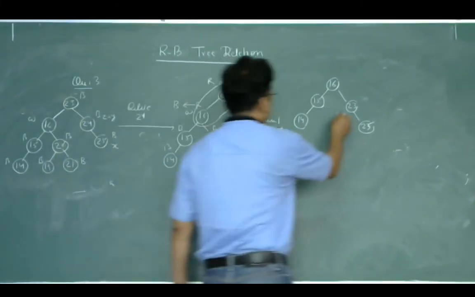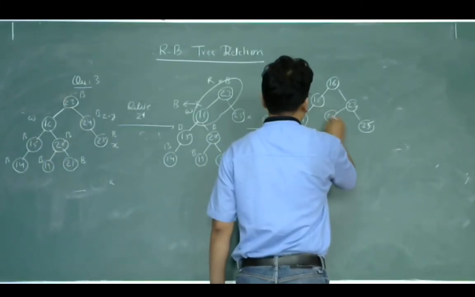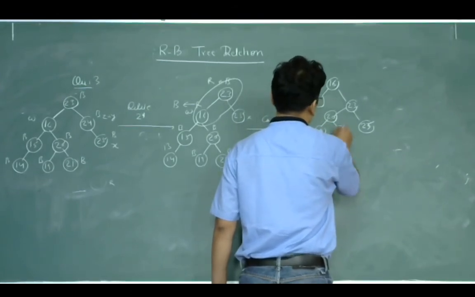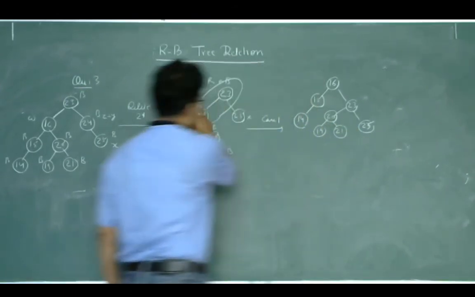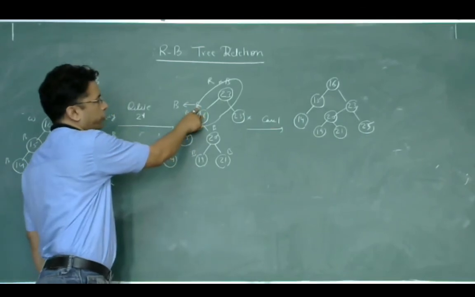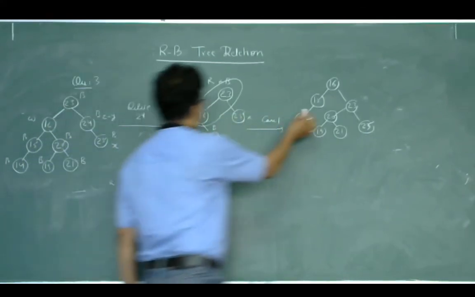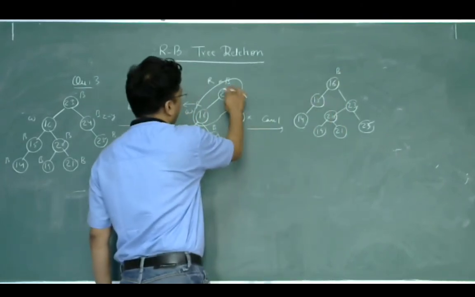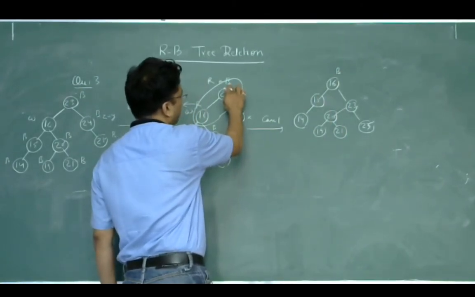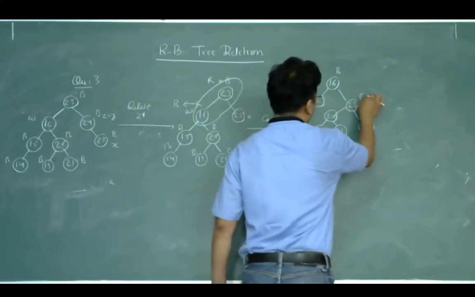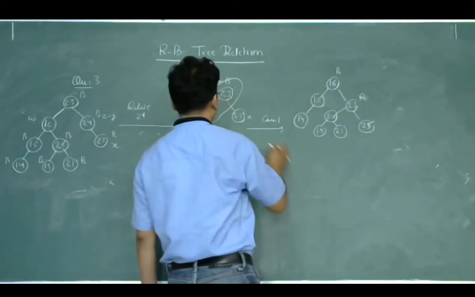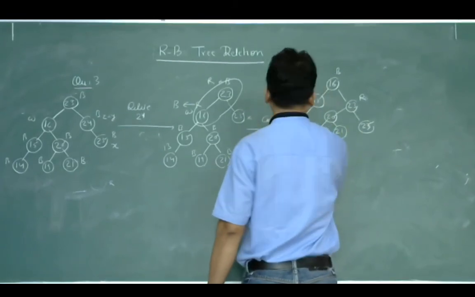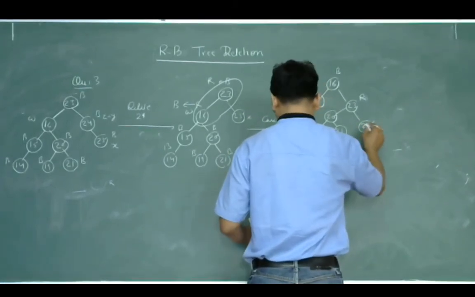So after this, 20, 19, 21. The color has changed because earlier the sibling was red, now it is black, and the parent 23 was black, now it is red. And the rest of the nodes were black.